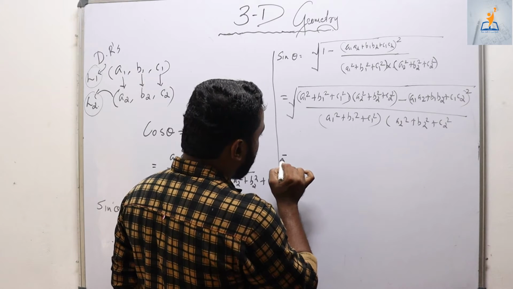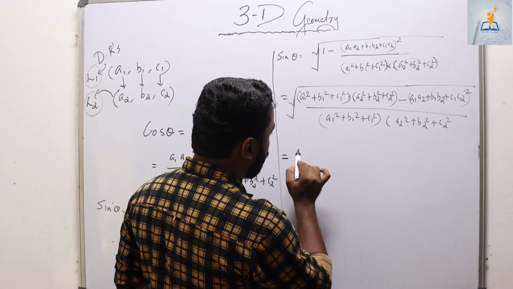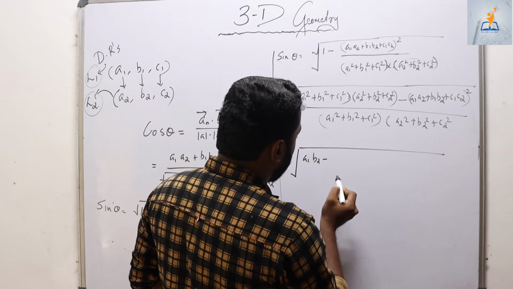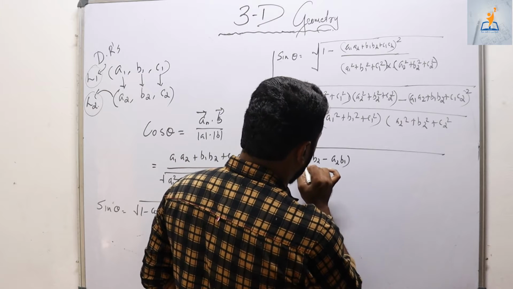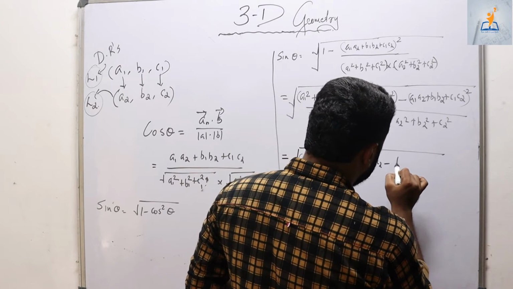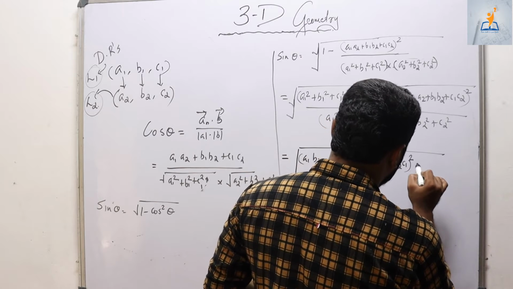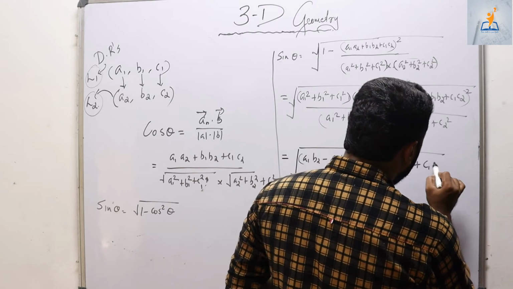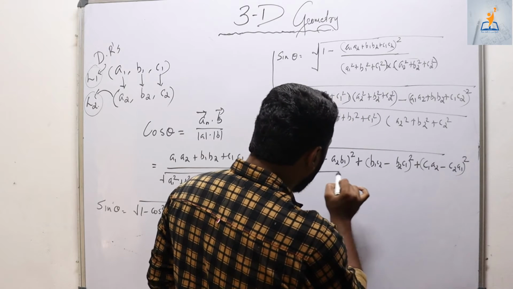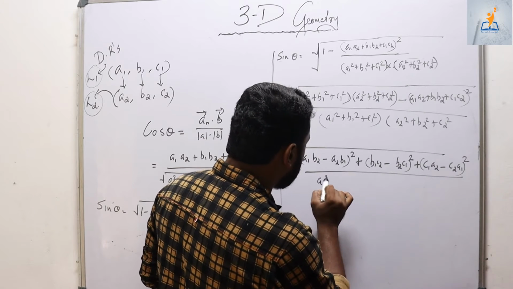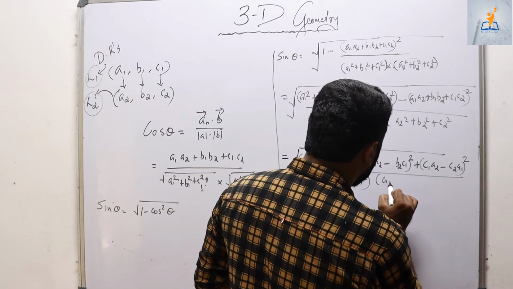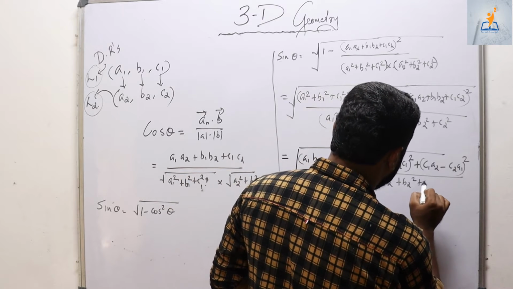We can simplify this further as the square root of a1 b2 minus a2 b1 the whole square plus b1 c2 minus b2 c1 the whole square plus c1 a2 minus c2 a1 the whole square, whole divided by a1 square plus b1 square plus c1 square into a2 square plus b2 square plus c2 square.